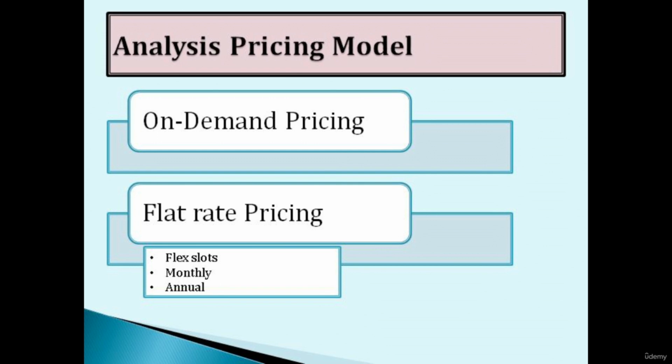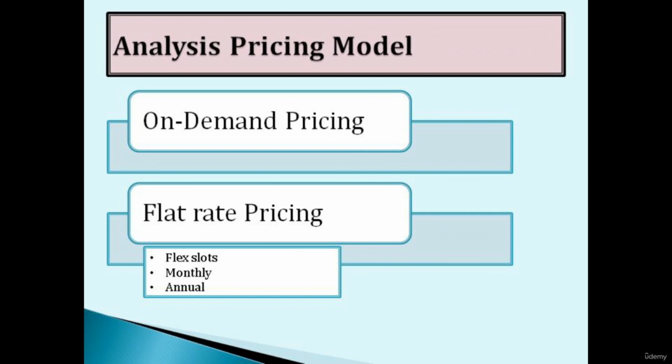Second is flat rate pricing. With this pricing model, you can purchase slots, which are virtual CPUs. When you buy slots, you are buying dedicated processing capacity that you can use to run queries. Slots are available in the following commitments. Plans like flex slots, you commit to an initial 60 seconds.